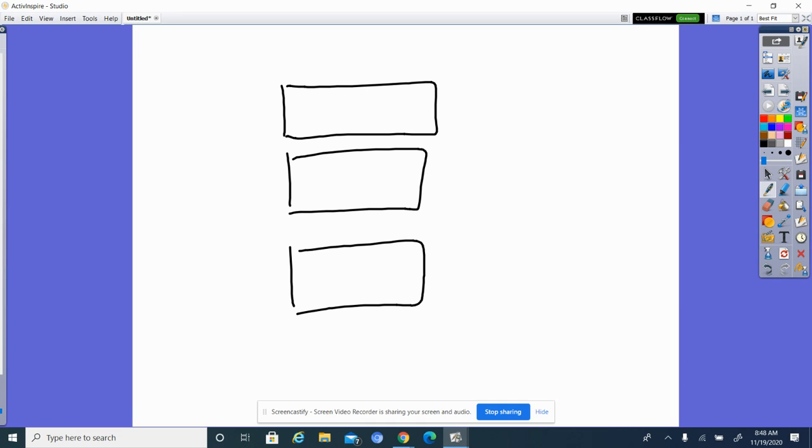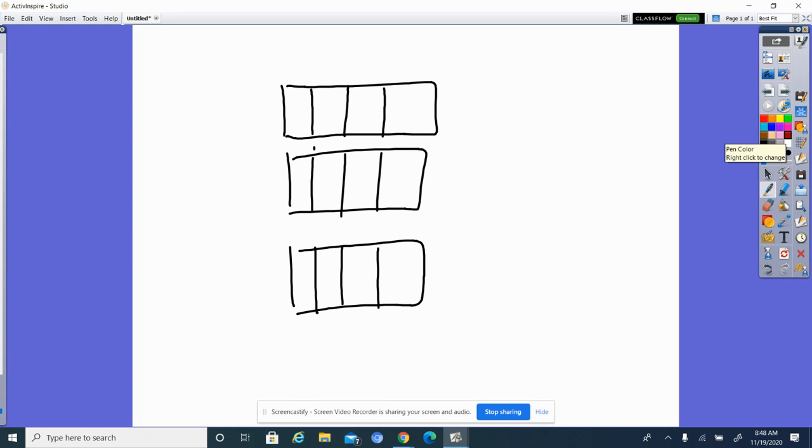Okay, he keeps 1/4 of the bread for himself. So what do we need to cut our loaves of bread into? 4. 1, 2, 3, 4. Is there a way to make this into an array?